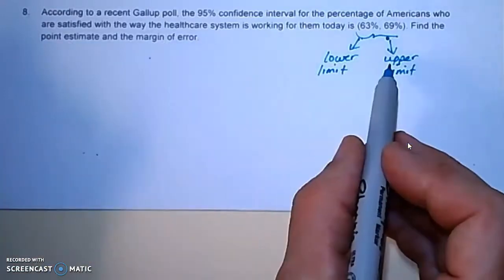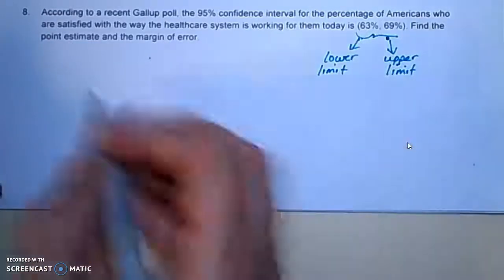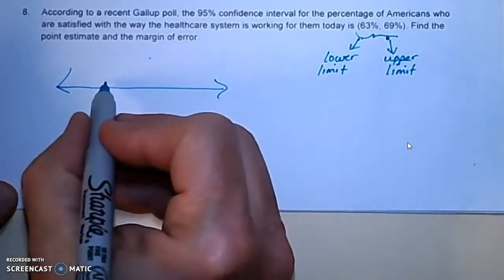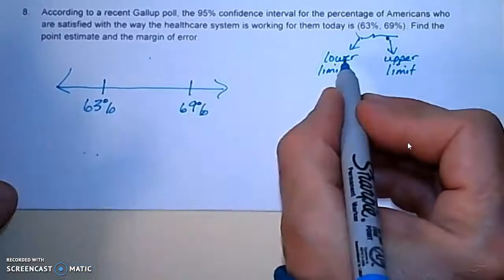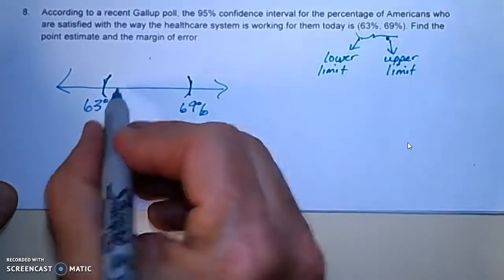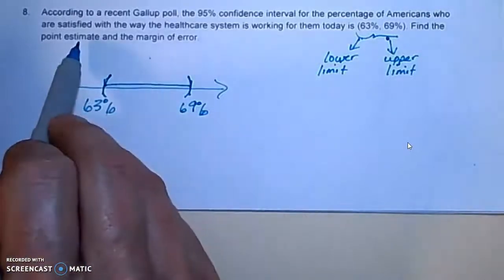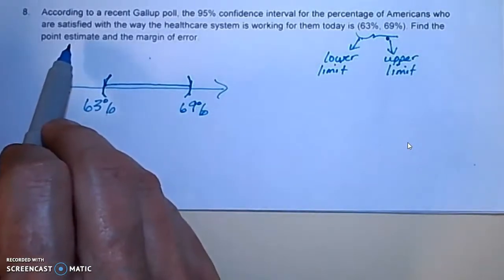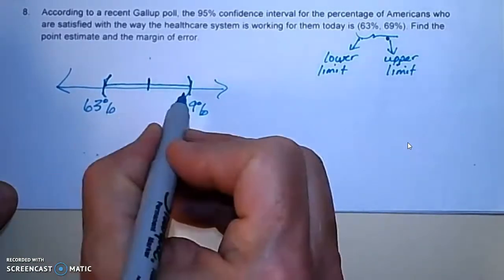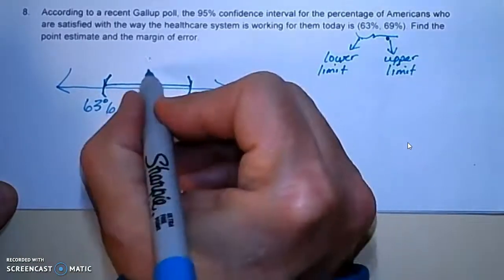for the confidence interval. So remember, what a confidence interval really looks like is just an interval on the number line. We have our lower limit and our upper limit. Our interval is going between those two. The point estimate, if we're talking about proportions or means, is exactly in the middle, halfway in between those two limits.